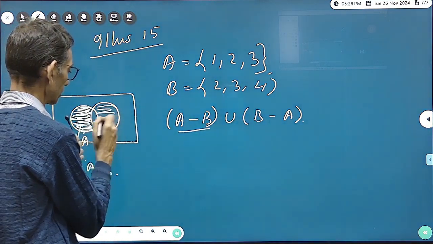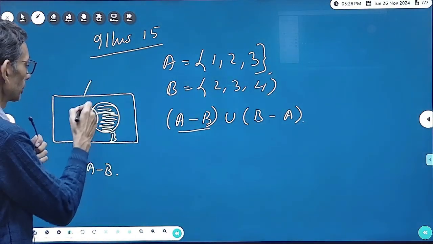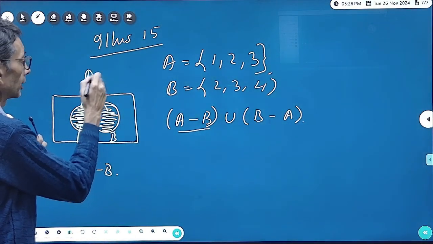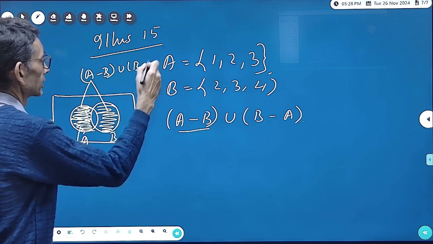So this shaded portion will give you A minus B union B minus A.